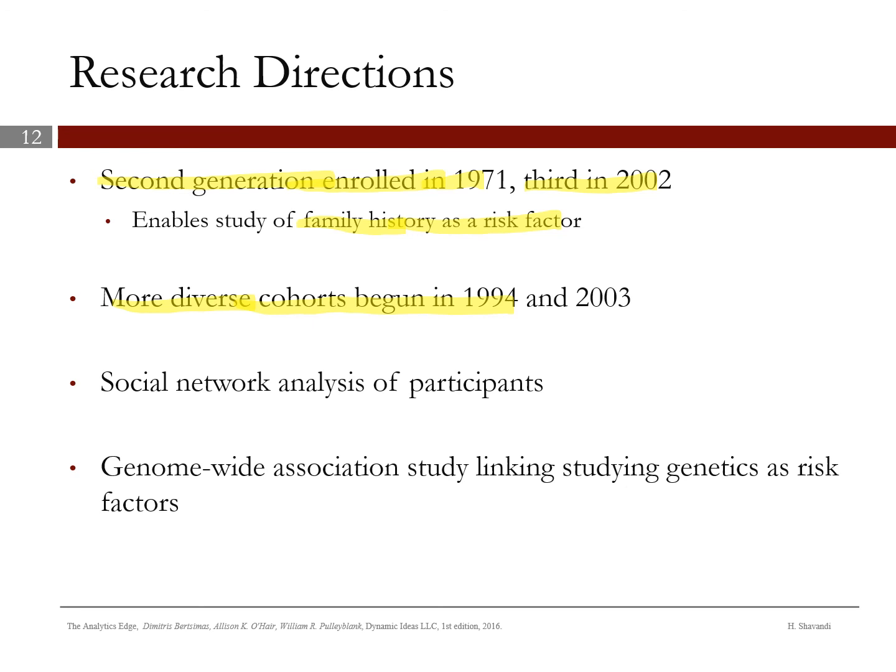We are also able to consider social network analysis of the participants as a potential risk factor, or the impact of social networks on the risk factors. And genome-wide association studies, studying genetics as a risk factor, are possible now. So these are the research directions of the Framingham Heart Study.